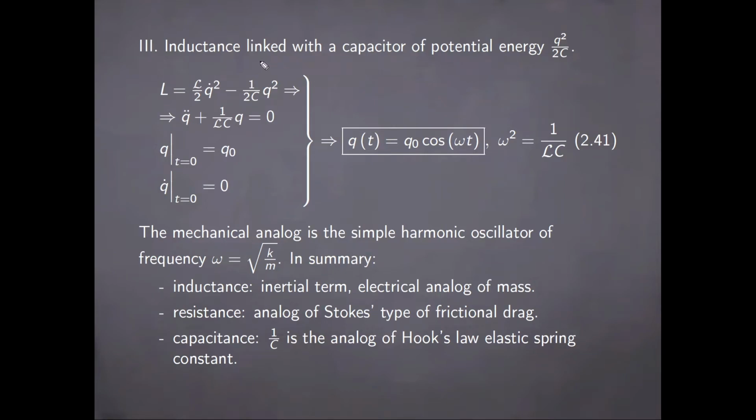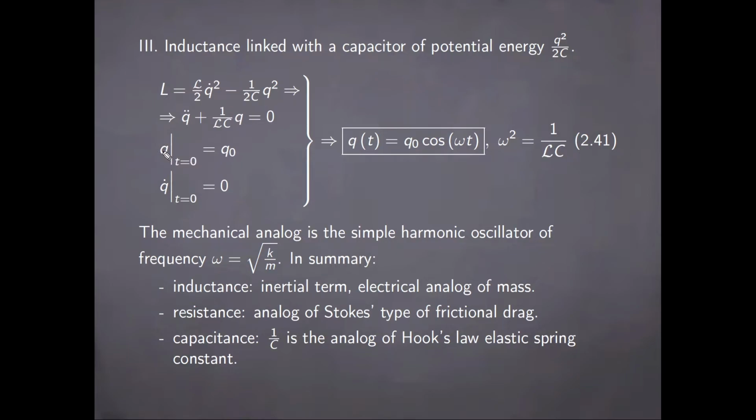A third example is the one of a circuit consisting of an inductance linked with a capacitor, with potential energy Q squared divided by 2 times C, where C is the capacitance. And it is clear then that the Lagrangian is going to be the difference between the kinetic term and this potential term, which leads to what should be a very familiar equation of motion, particularly for the following initial conditions.